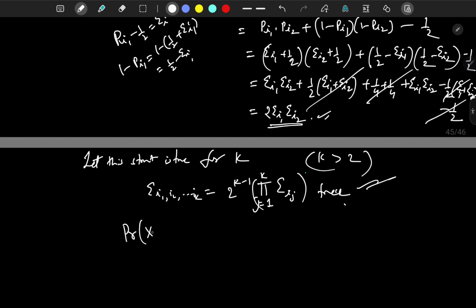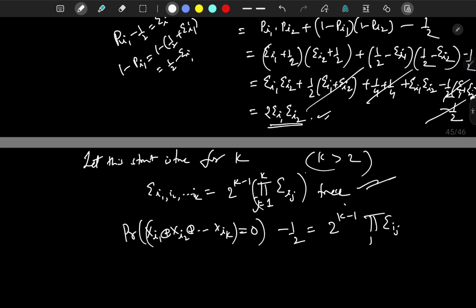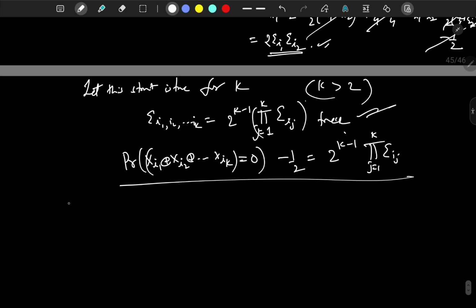The probability that xi i1 bar, xi i2 bar and so on, xi ik bar equals 0, minus 1 by 2, equals 2 to the power k minus 1 times the product of epsilon ij, where j equals 1 to k. This is what we are accepting now. Now let's do it for, now consider this case.